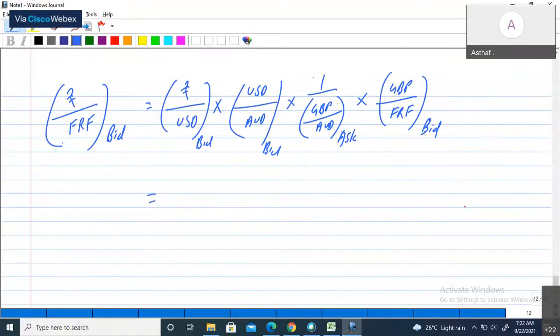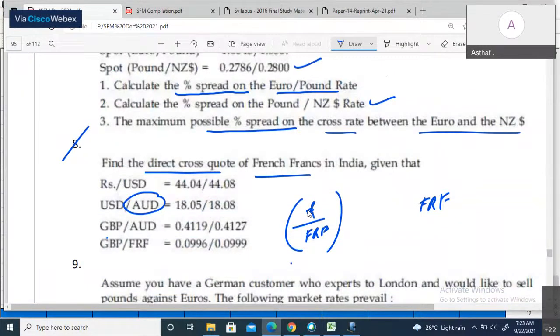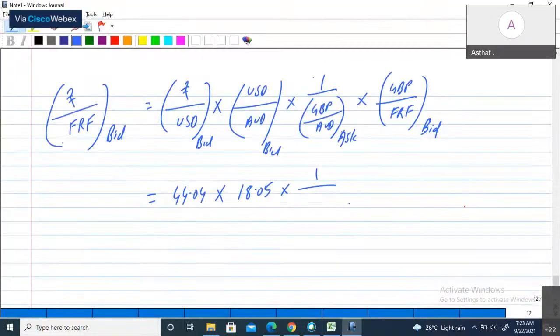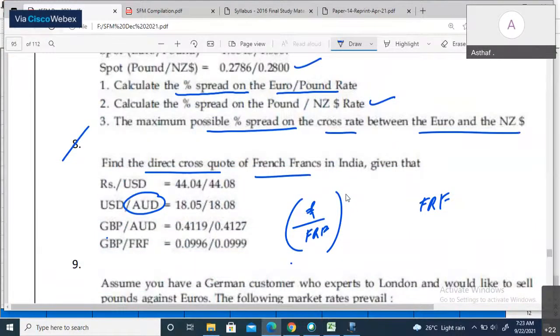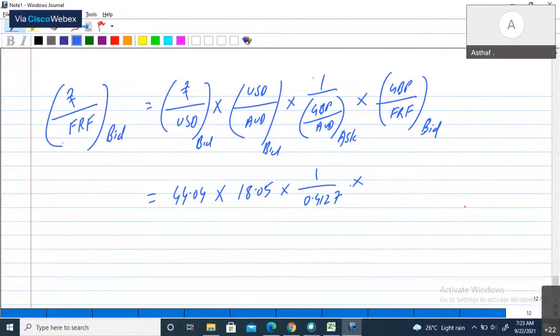So what is rupees to FRF bid? Rupees to US dollar bid is 44.4. USD to AUD 80.1 divided by, GBP to USD 0.41, into GBP to FRF 0.9.